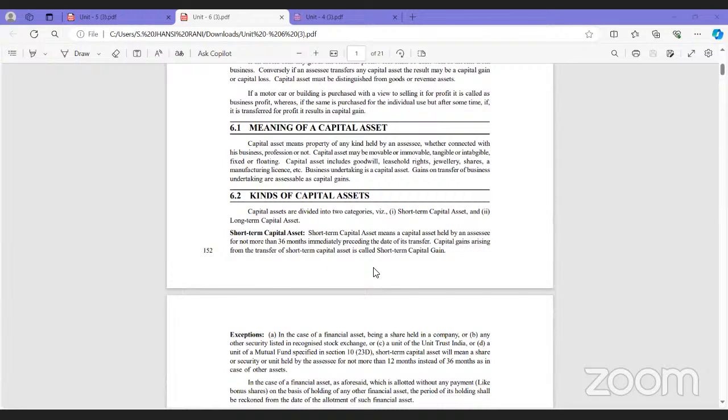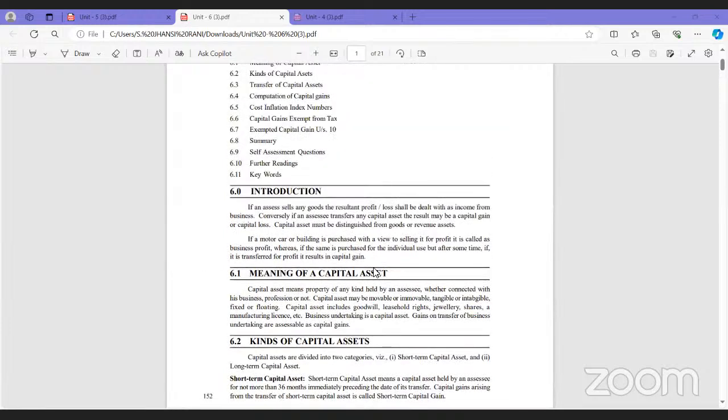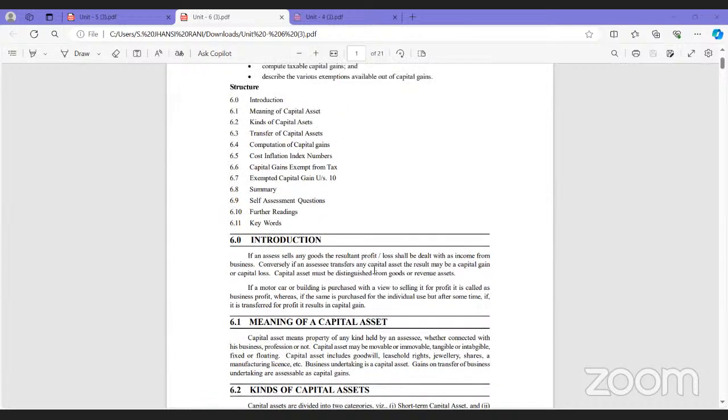Now, when you are holding any asset apart from shares, for more than 36 months, meaning 3 years, it will become long term. Otherwise, it will become a short term capital gain. For example, I purchased a house and sold it within a period of 2 years. Then whatever gain I get from selling that house property will be a short term capital gain.